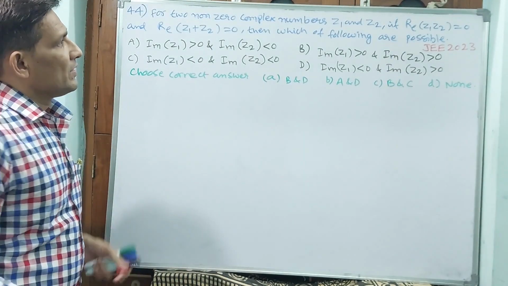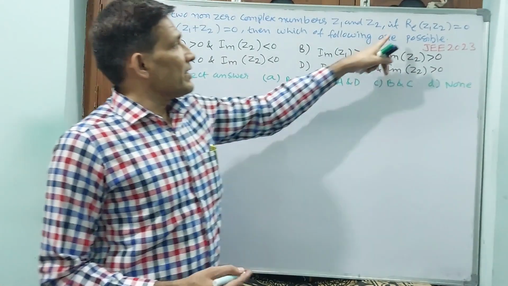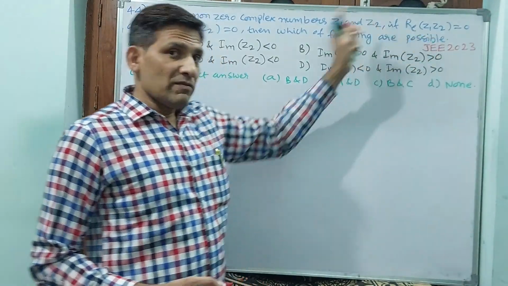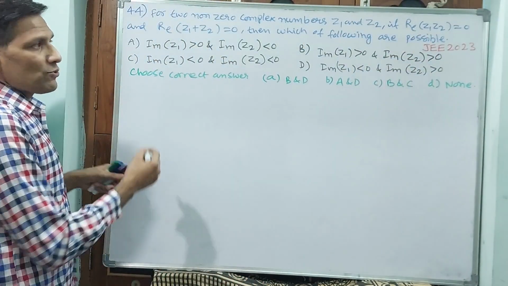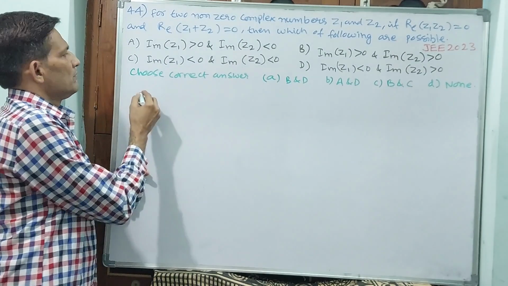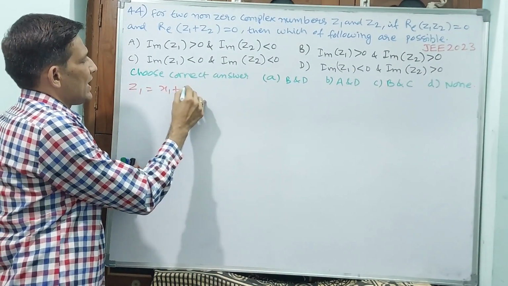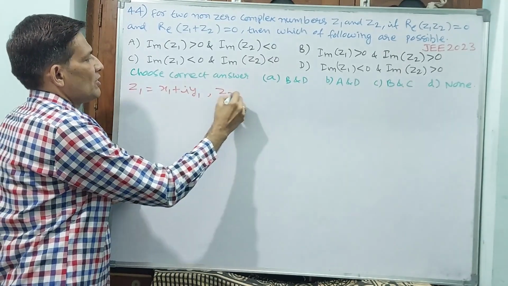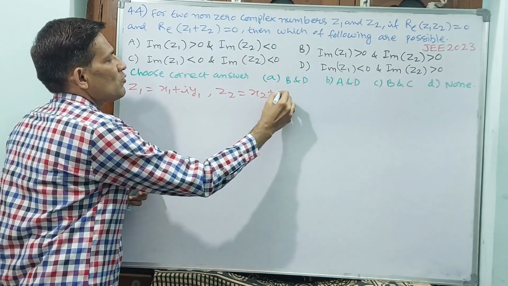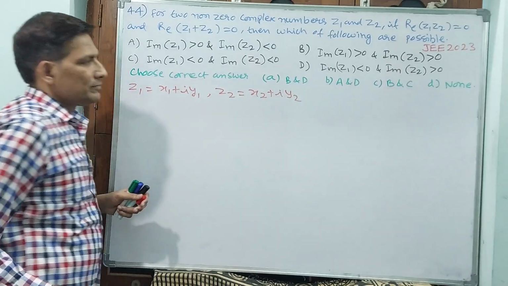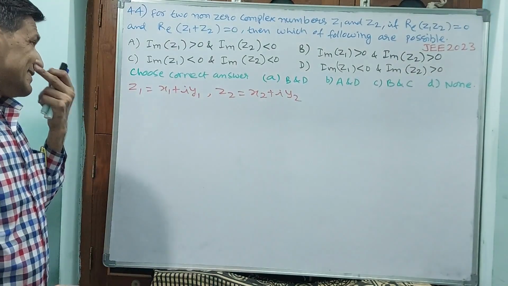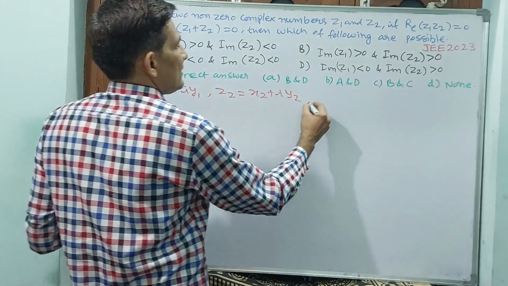Okay, now let us proceed. They are asking the real part of Z1 and Z2, so you have to take Z1 and Z2. Let Z1 be equal to X1 plus I Y1, and Z2 is equal to X2 plus I Y2. Now proceed.